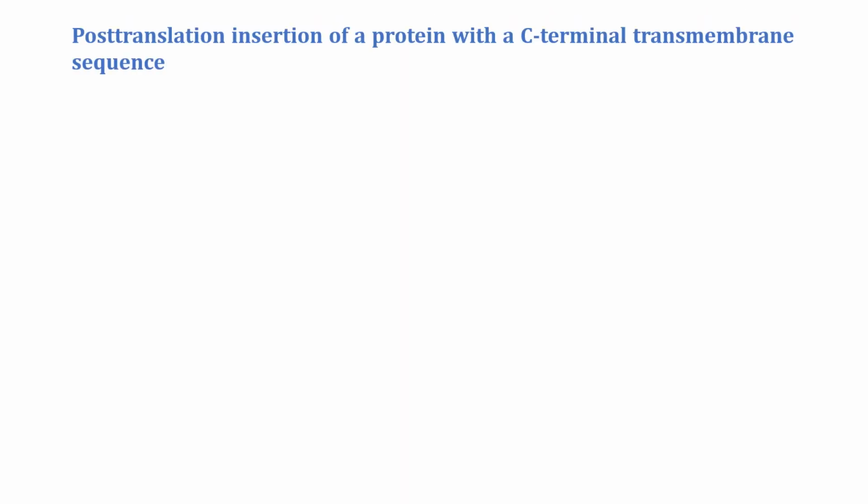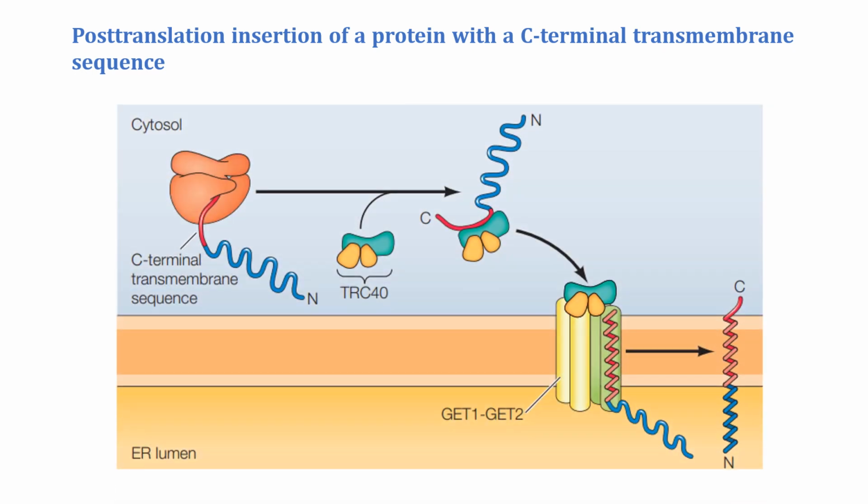Now, post-translational insertion of proteins with a C-terminal transmembrane sequence. Proteins with a transmembrane sequence at the carboxy, C-terminal end are not recognized by the SRP, because the C-terminal transmembrane sequence does not exit the ribosome until the translation is completed. Once the translation is entirely completed, the signal sequence exits from the ribosome.